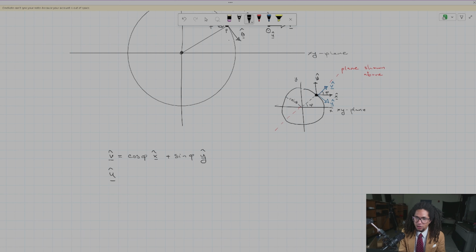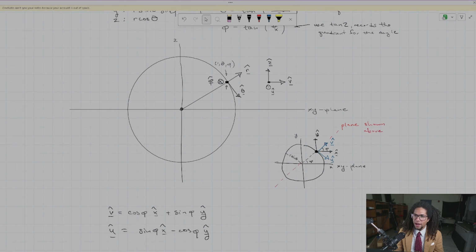And the u hat vector decomposes as, well, it's 90 degrees off. So we're going to get minus sine phi x hat plus cos, wrong way. Sine phi x hat minus cos phi y hat. Good.